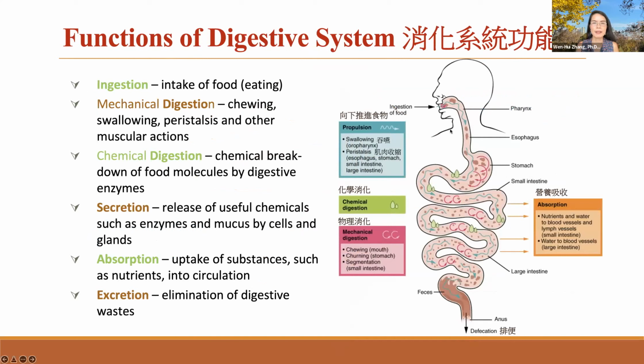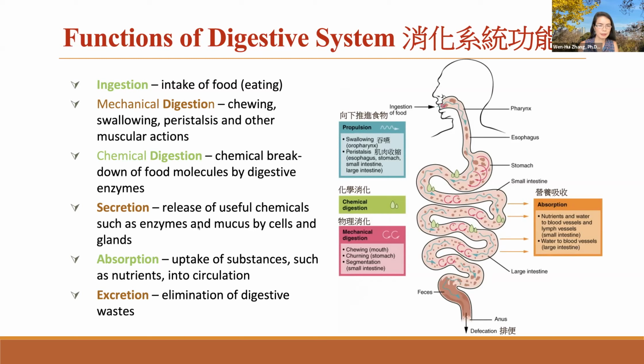The functions of the digestive system include ingestion, the intake of food, and mechanical digestion, that is to break up food particles and mix up food with digestive juices and expel food down the digestive tract. And chemical digestion is the digestion of food molecules by digestive enzymes.